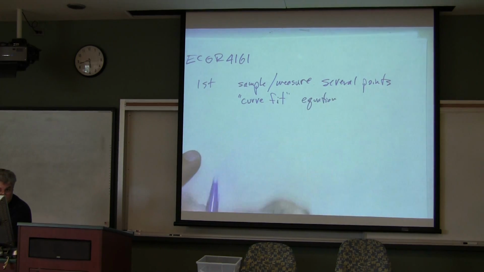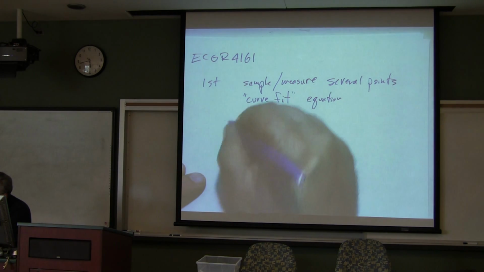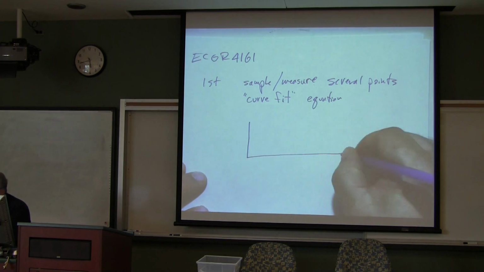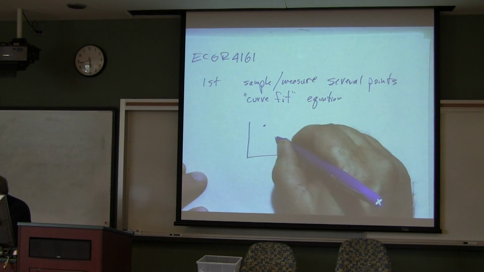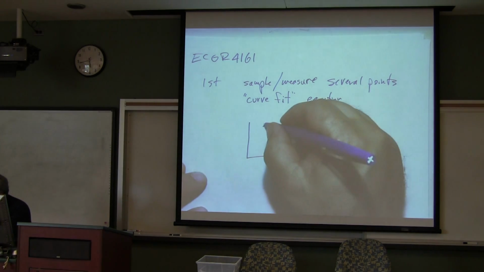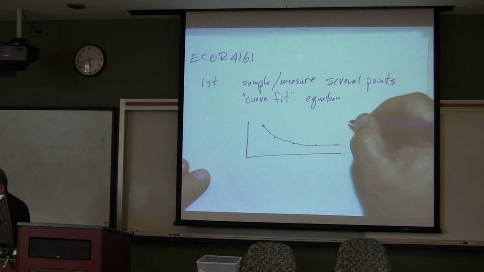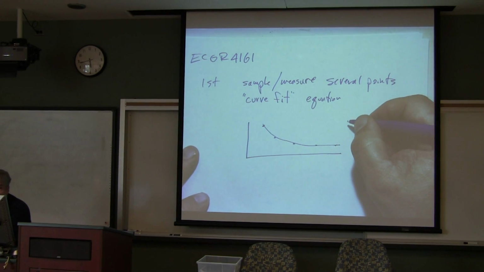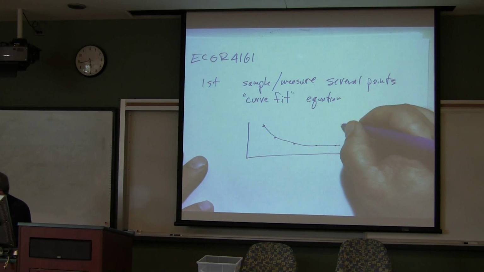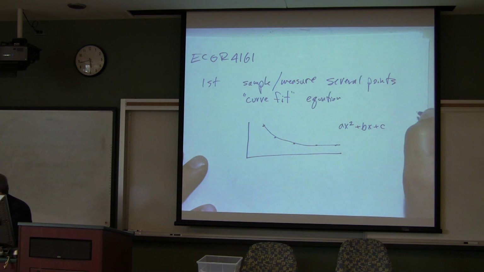And I believe Microsoft Excel will do that for you, right? Linear. It will give you an equation that you can use. So the aspect of this will be to create a couple of points, and then you can feed those points into Excel and get out your formula. Since this is a second order, right? So it's going to be ax squared plus bx plus c, right? Something of that order.